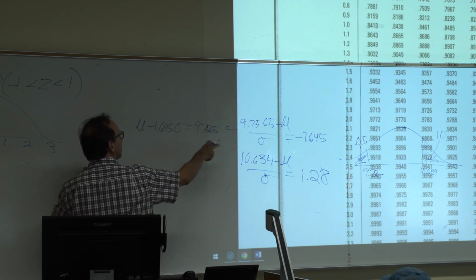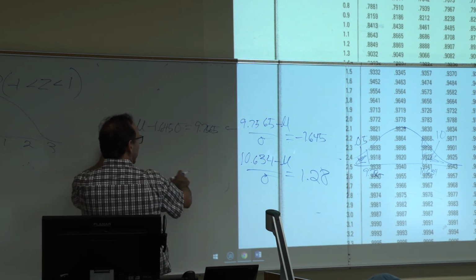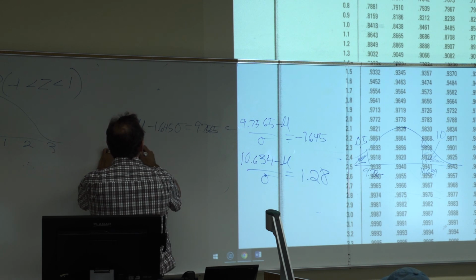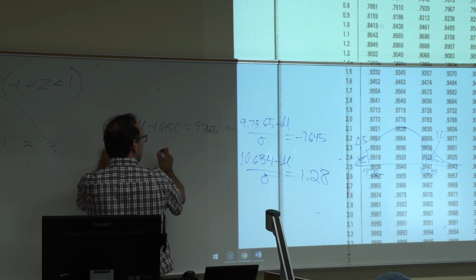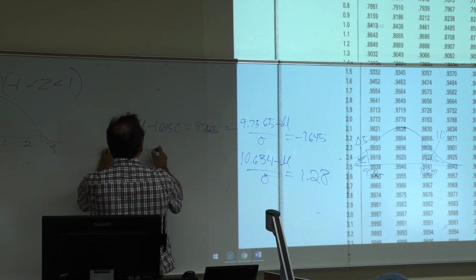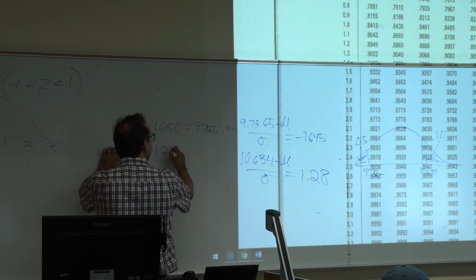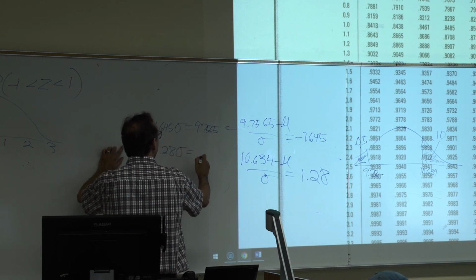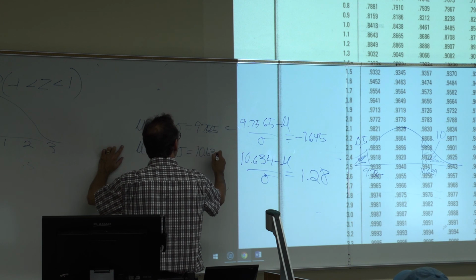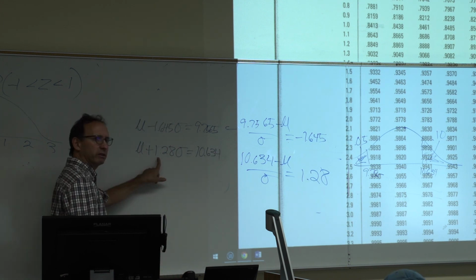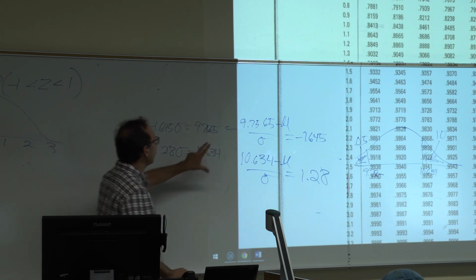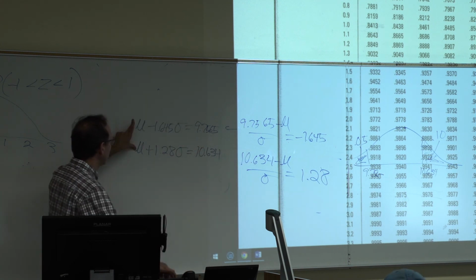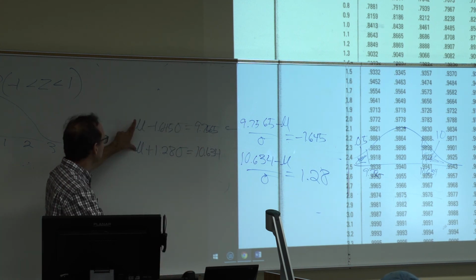I just rewrote this, okay? And the other one is mu plus 1.28 sigma equals 10.634. Does that make sense, what I did there? I just rewrote those, so we have these two.